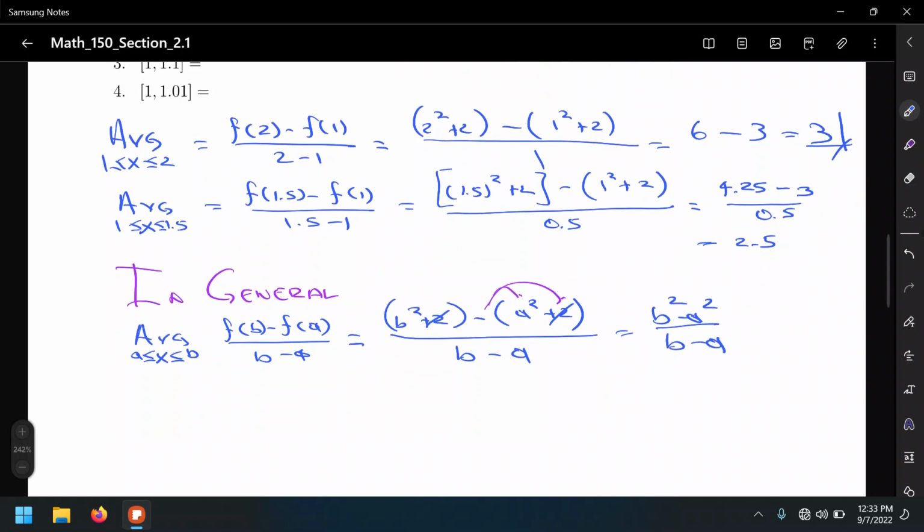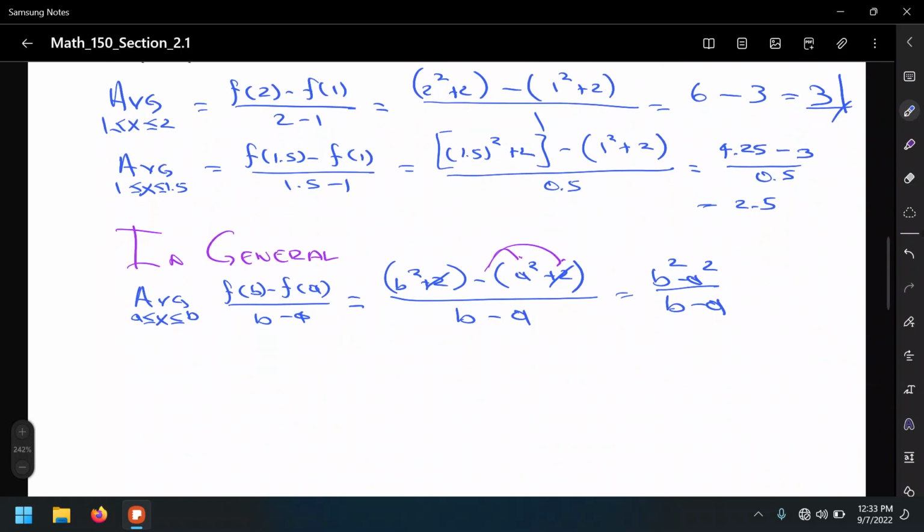And we can simplify this expression using algebra, because in the numerator we have a difference of squares, which can be factored as b minus a times b plus a, and divide this by b minus a.